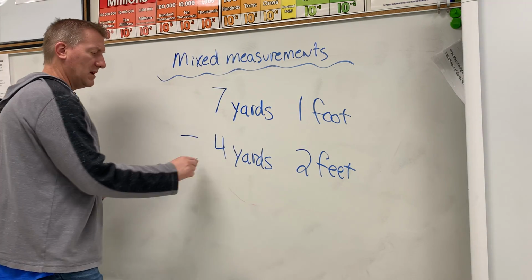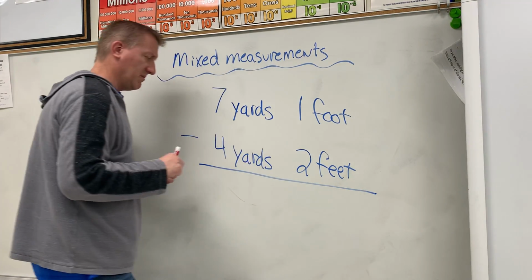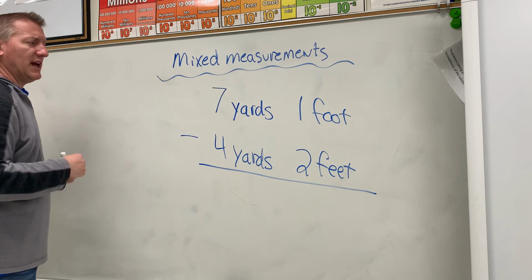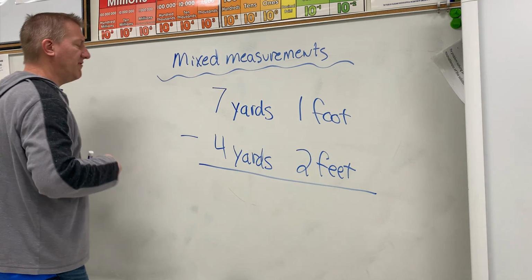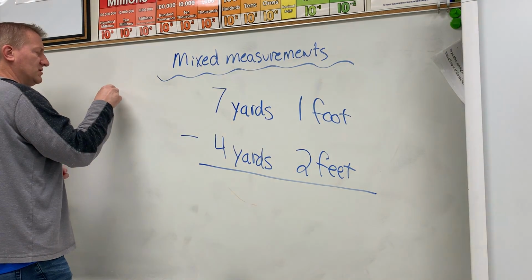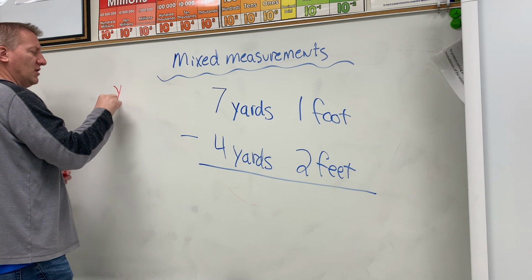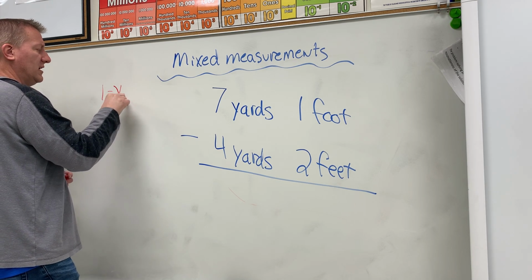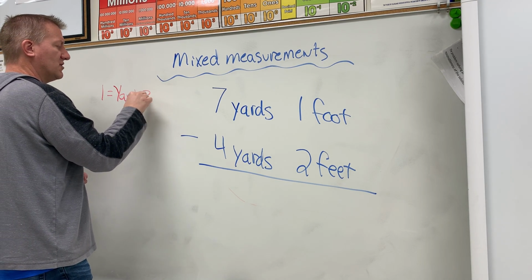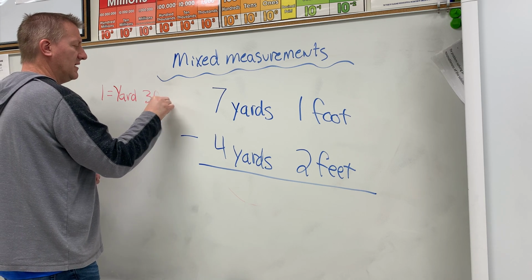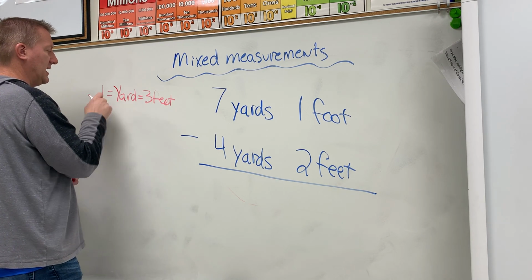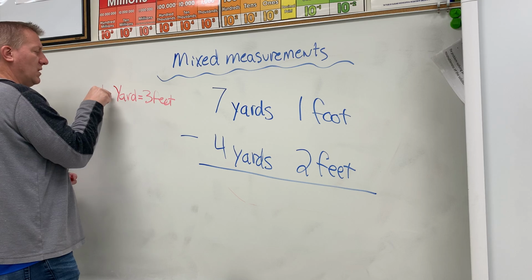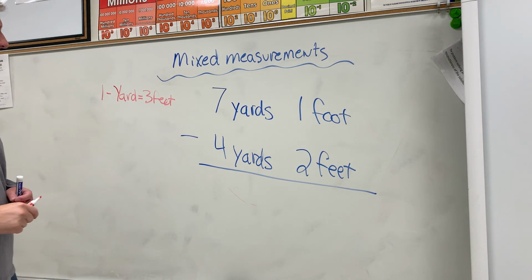Okay, so we're gonna subtract this one. So first of all, you have to know your measurements, yards and feet. So 1 yard equals 3 feet. Okay, so 1 yard equals 3 feet.